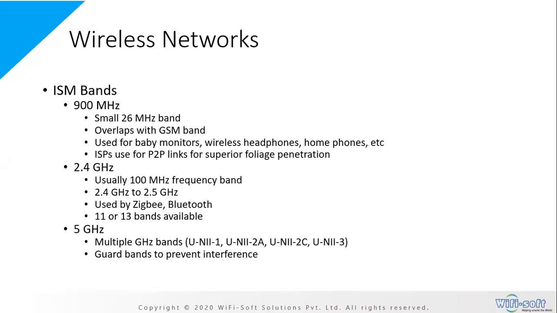Because there are 100 megahertz, there is a wider channel. That's why it's been very successful in a sense, and has been used worldwide. This band goes from 2.4 gigahertz all the way to 2.5 gigahertz.